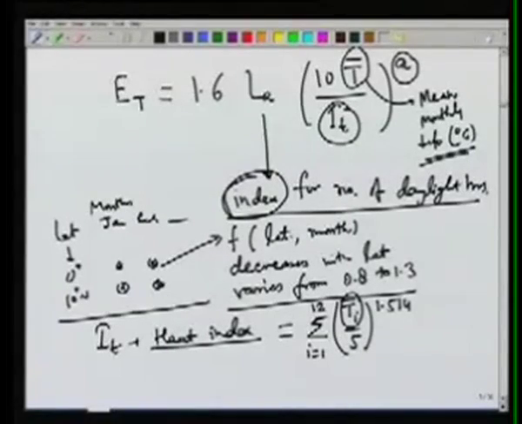There is a factor a, which is again an empirical index, or we can say an exponent, which is a function of I_T.